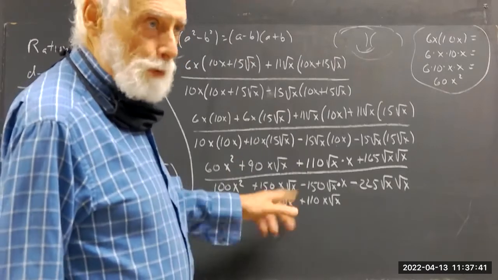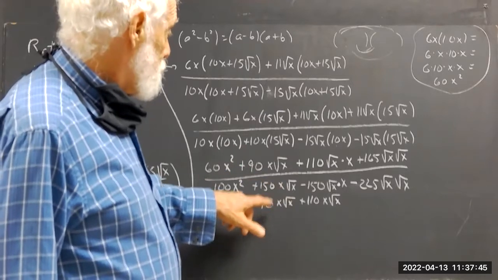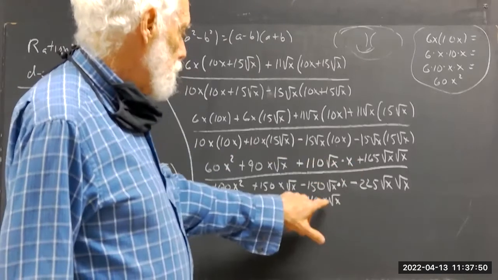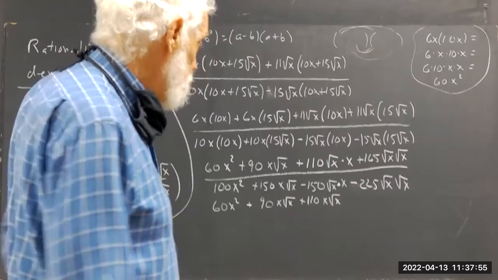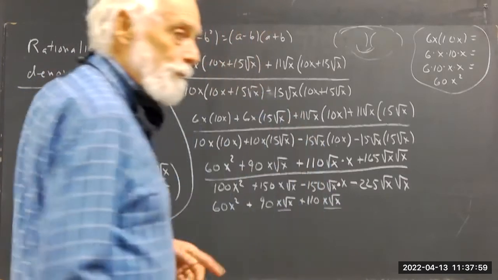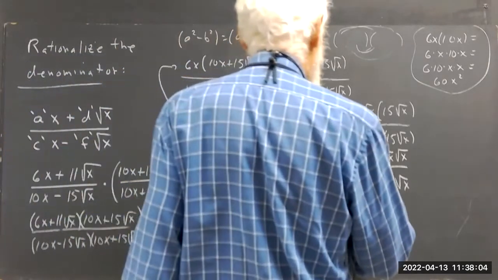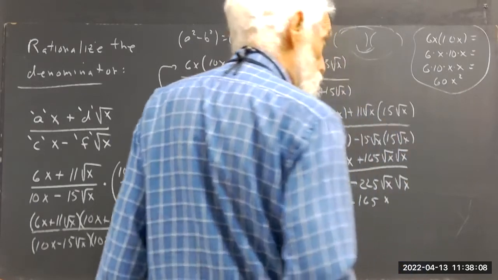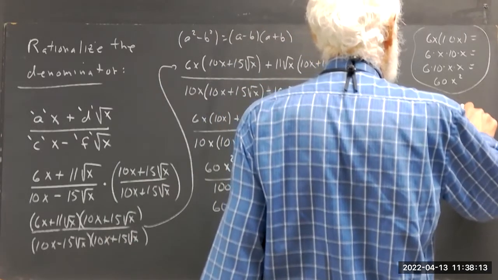It's clear what's separated and what isn't, right? So we just have the 90x square root of x here. And I wrote the square root of x times x here as x times the square root of x. So that we can, as clearly as possible, see that this term and this term both have an x square root of x in. Then 165x, because the square root of x times the square root of x equals x.